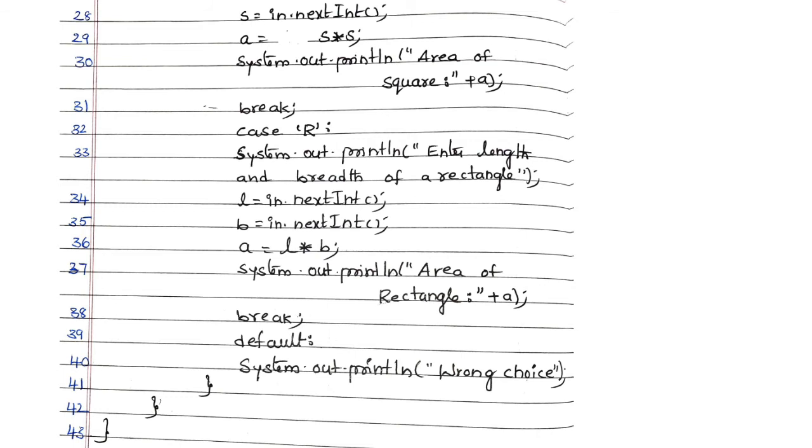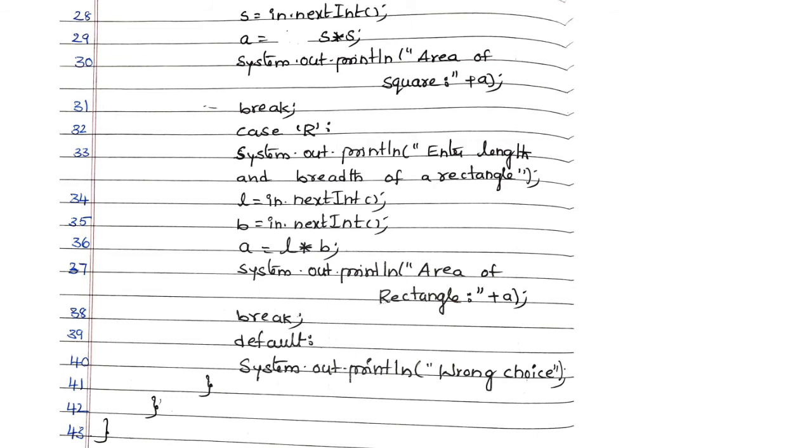R is meant for rectangle. Here I have read the length and breadth of a rectangle. That's why I have written here enter length and breadth of a rectangle, and I have read L = in.nextInt as length and B = in.nextInt as breadth.